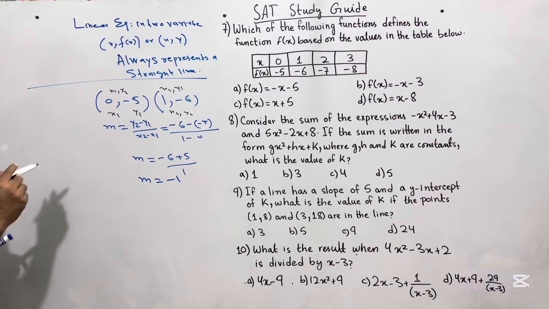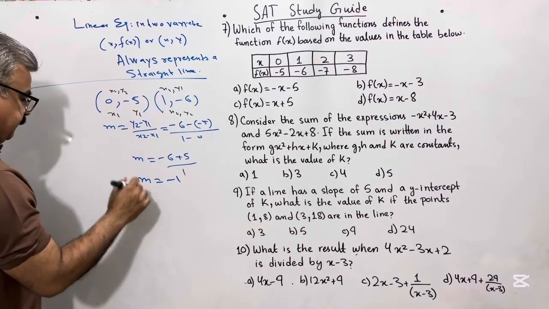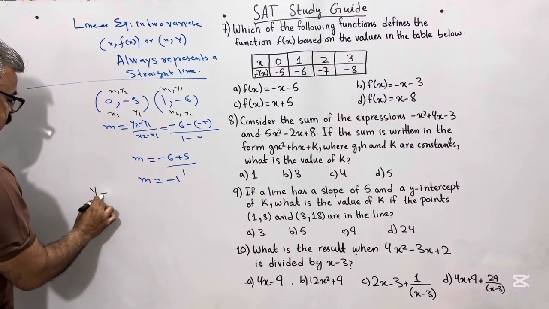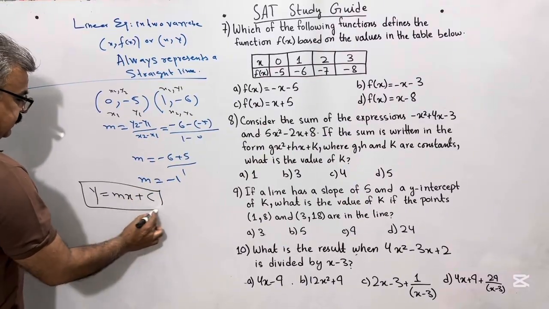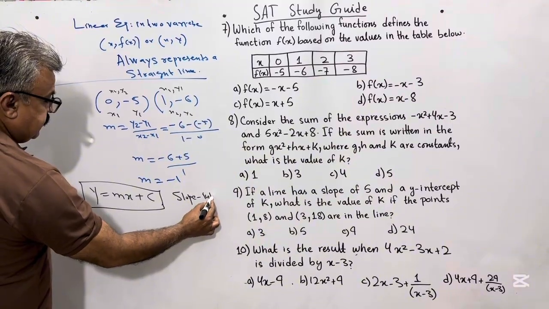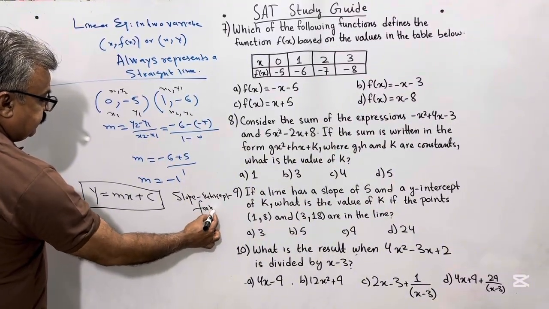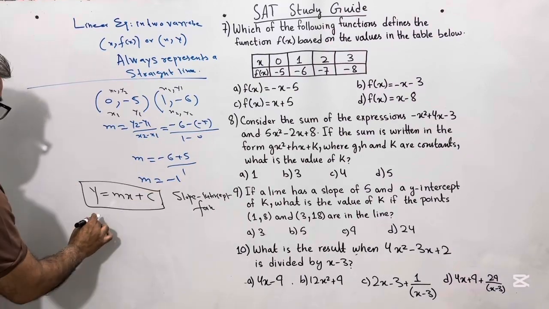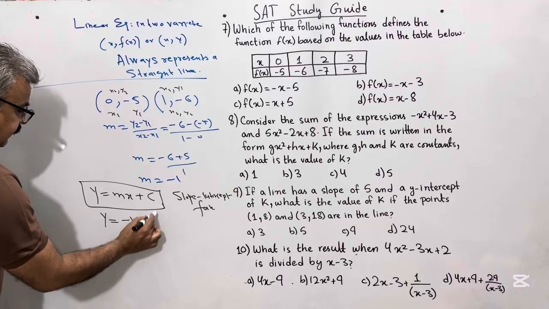Whenever we have the gradient, we can utilize the slope intercept form, that is y equals mx plus c. We have the slope, so plug in the gradient: y equals minus 1x plus c.